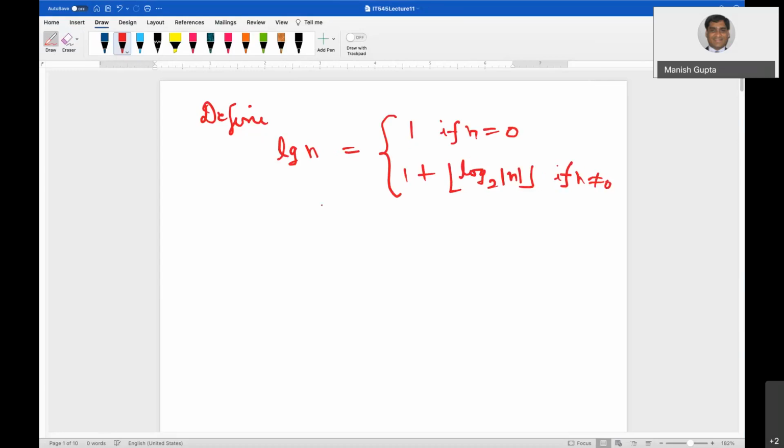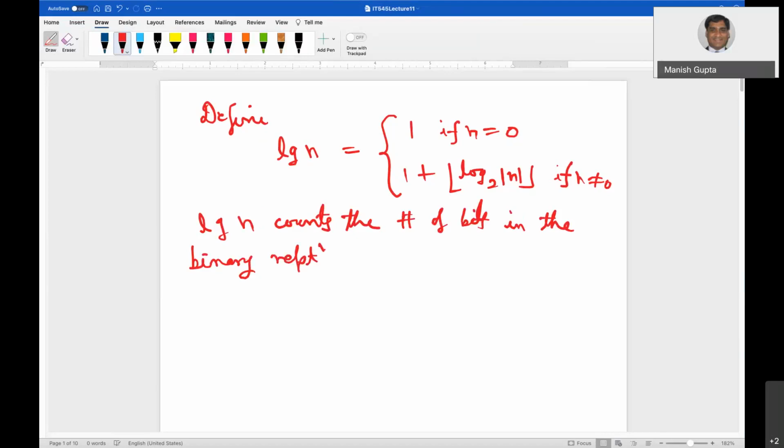So this log n counts the number of bits in the binary representation of the integer n.